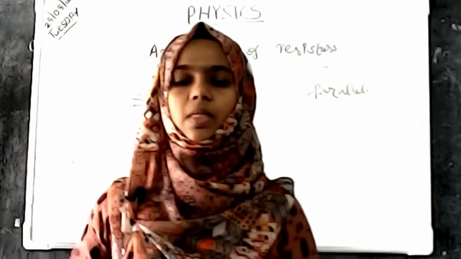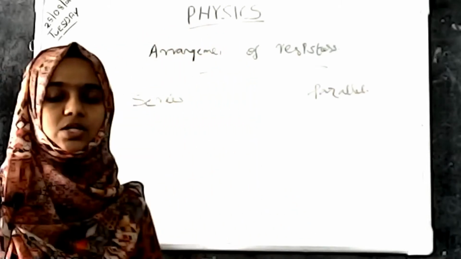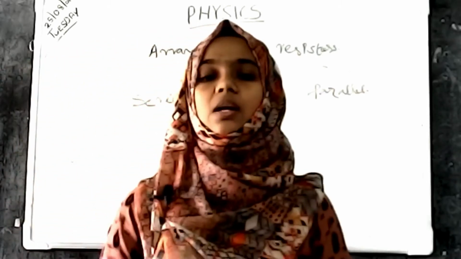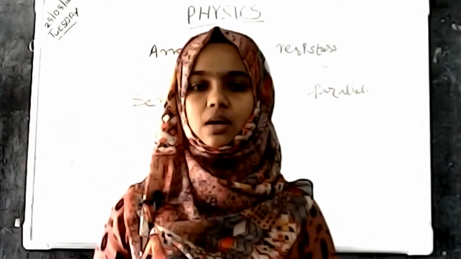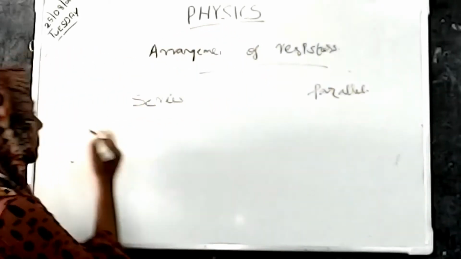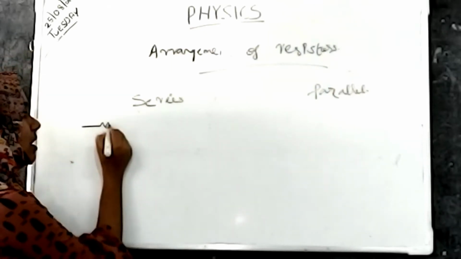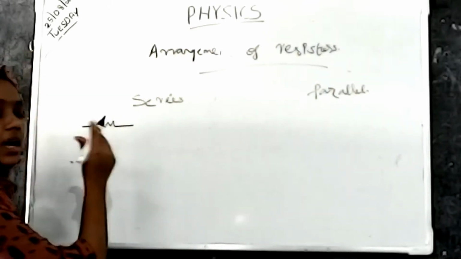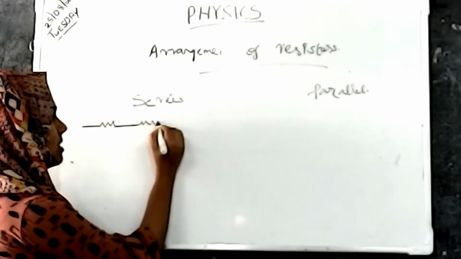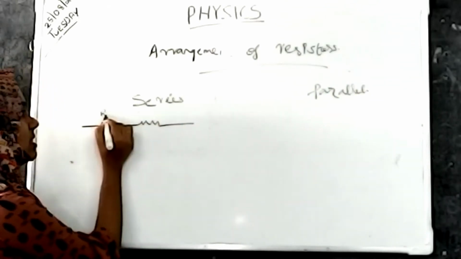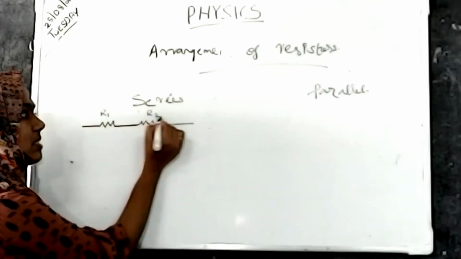Okay. In series connection, we can see that each of the resistors is connected one after another. Like this, one resistor is connected and after this resistor, the next one is connected. This is resistor 1 and this is resistor 2.